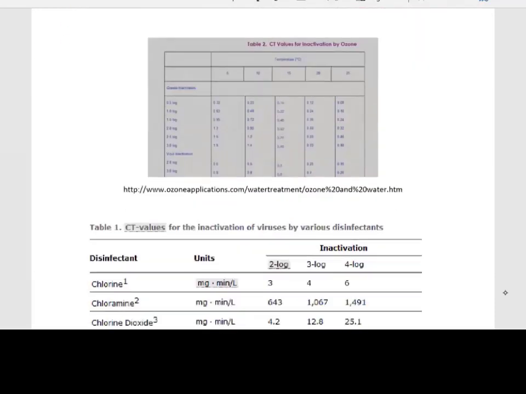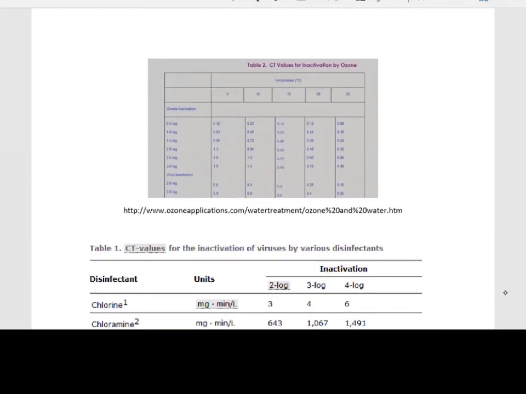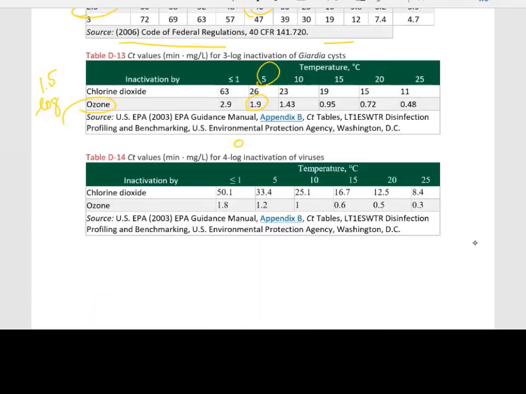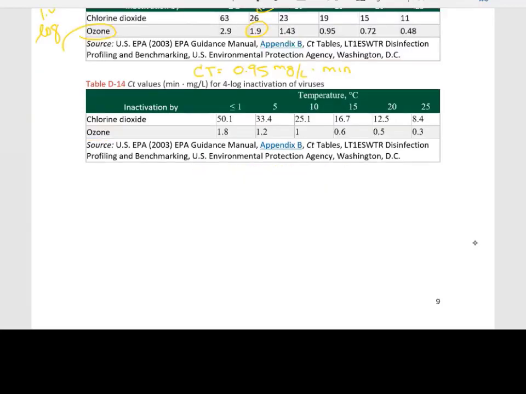And actually, I've provided you a table here, elsewhere. So you can see for Giardia, 1.9, we need 0.95. So we actually need 0.95 milligrams per liter. For viruses, we need 3 log removal.